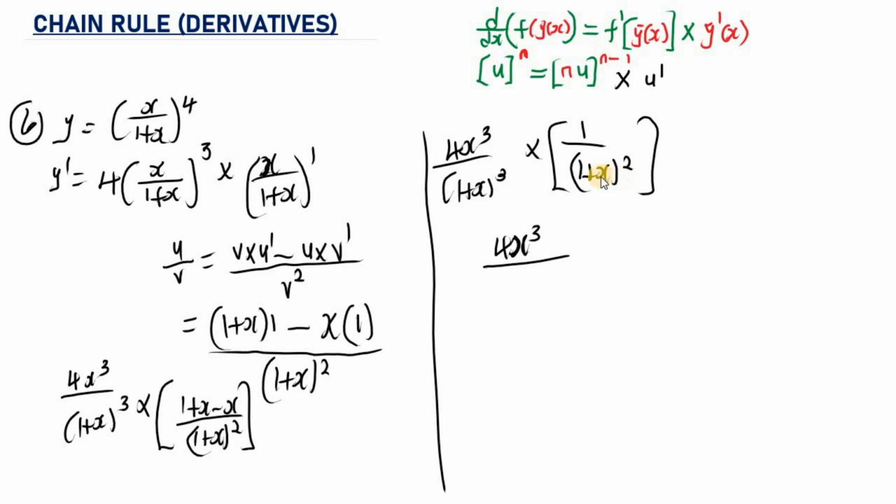As you can see, the bases are the same. What we need to do is take one of the bases and add up the exponents. So it's going to be 1 plus s, then raised to the power of 3 plus 2, which is 5. So this is going to be 1 plus s, then raised to the power of 5. So this is going to be the final answer using chain rule. So this is how we can use chain rule to find the derivative of any function.